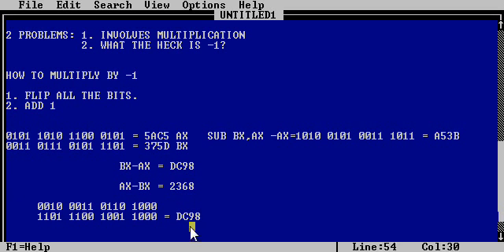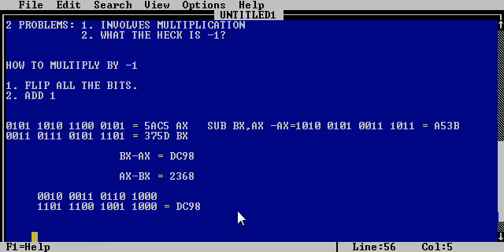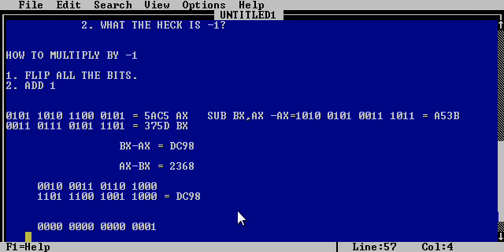And now we can answer the question, what is minus 1? All we've got to do is take 1, flip all the bits and add 1. So we get minus 1.